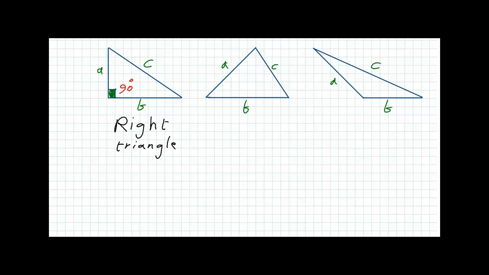So this triangle is called an acute triangle. And looking at the one on the right, we can see that there is an obtuse angle inside it. So we will call this triangle an obtuse triangle.